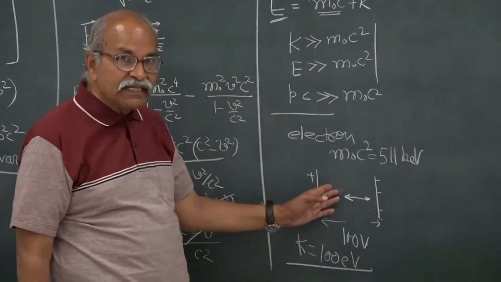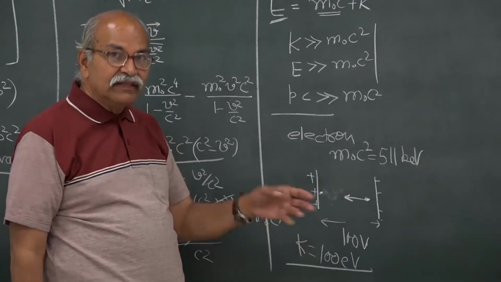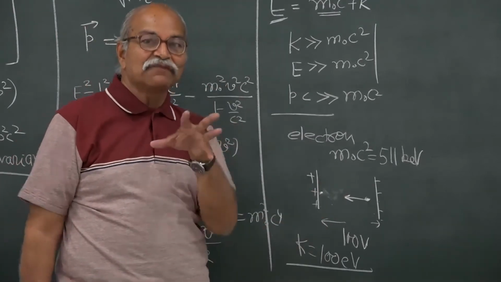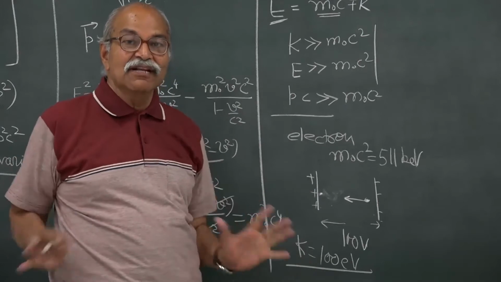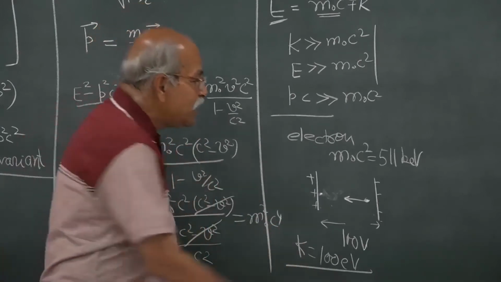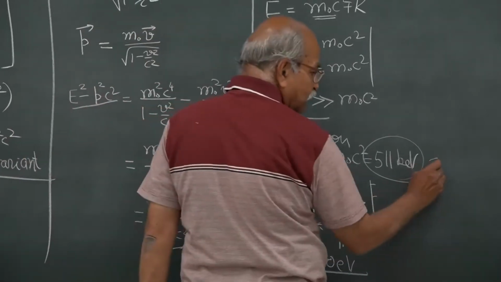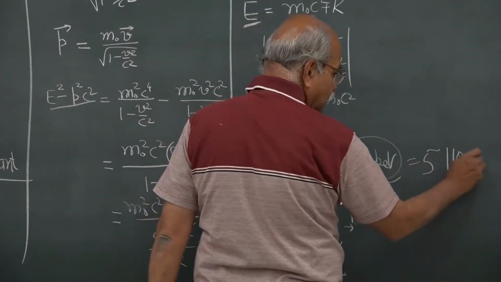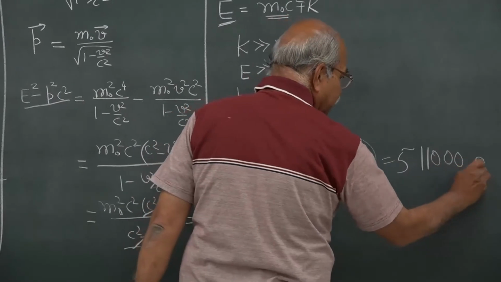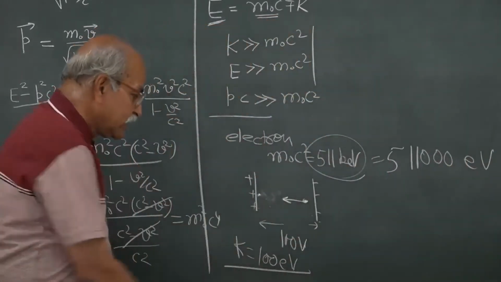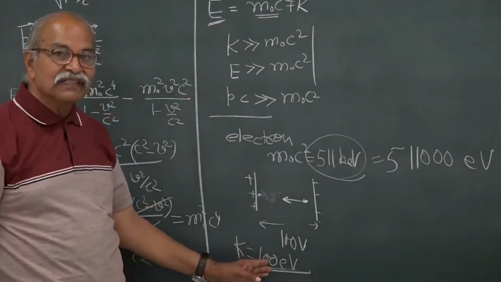Should I apply relativity? Unless I am doing very sophisticated measurements with a lot of accuracy, 511 kilo electron volt, so this is 511,000 eV, and this is 100 eV.